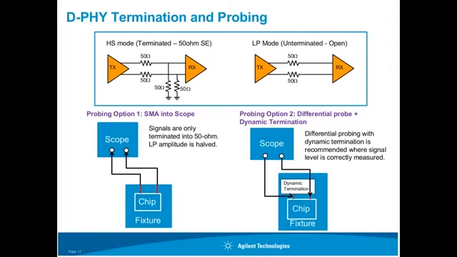We just launched the RFFE protocol decode. That bus is used to control the front end RF circuit and the low noise amplifier. So we are not limited to the M-PHY protocols; we are working with our customers to develop the lower speed protocol interfaces as well. If you have a need, feel free to contact us, and we'll be happy to work with you to develop some of these capabilities.